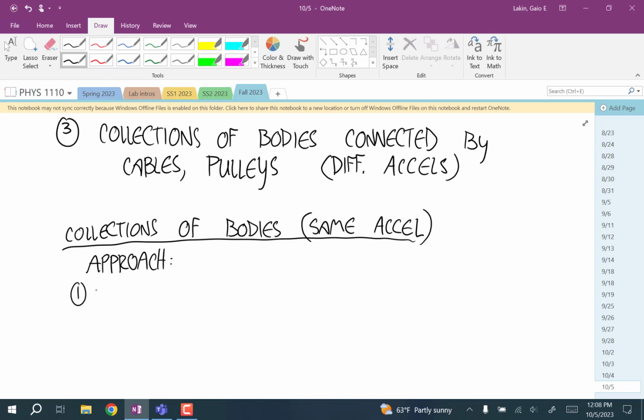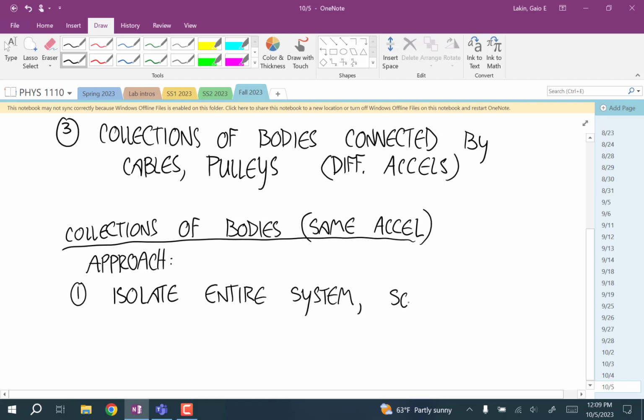So first you're going to start by isolating the entire system and solve for the acceleration. And just to be clear, the acceleration vector. So we're going to get that acceleration vector.